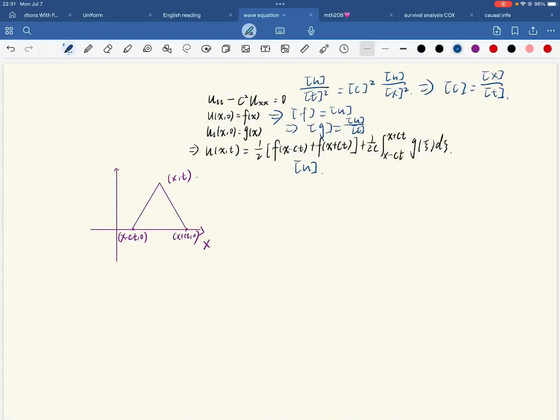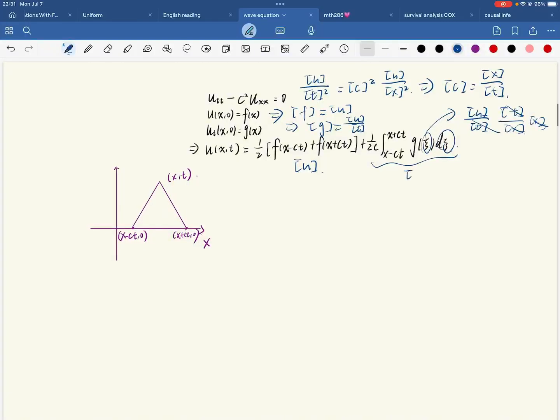And for this term, since g is u over t, and the integral has no dimension, and here since c is x over t, this is t over x, and here actually is x, so this equals u, and they agree dimensionally.